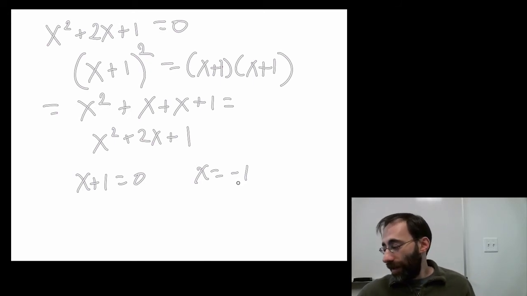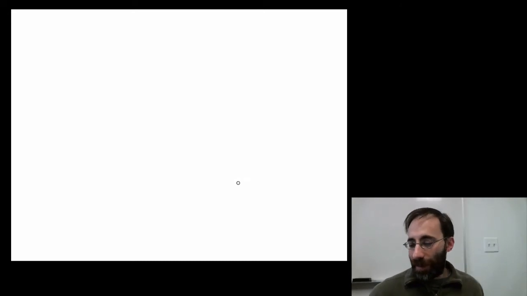The second way, I'm sorry this module is running a little long, is to use what's known as the quadratic equation. The quadratic equation can be derived pretty simply by completing the square. We talked about that a little in the book, but it's easier if you just remember it.